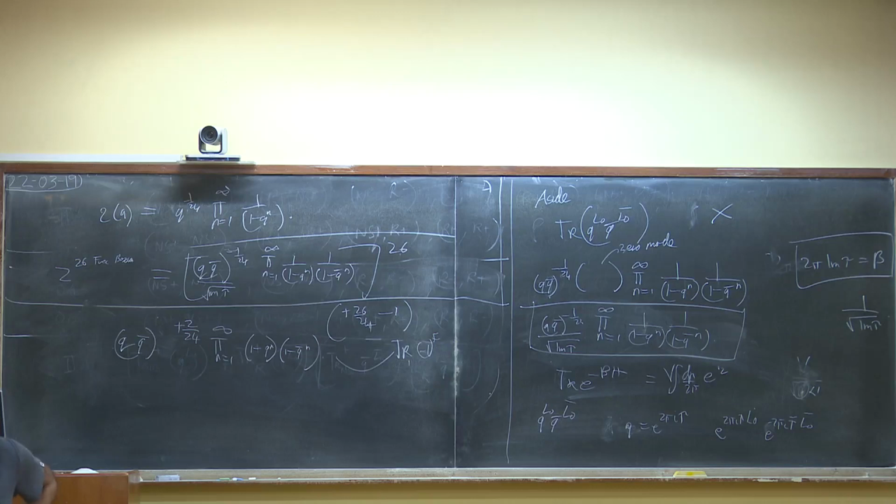It was trace with a (-1)^F. Now if we compute the trace over the 0 mode sector with a (-1)^F, we'll get 0 times 0. Because on the left we have 2 states which differ by fermion number, so we'll get 0. And on the right we have 2 states which differ by fermion number. This is of course the familiar fact that if you have a fermionic path integral and there's a fermionic 0 mode, the result of that path integral is 0.